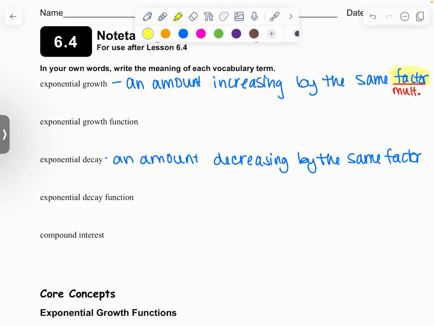Once again, factor means we are multiplying.